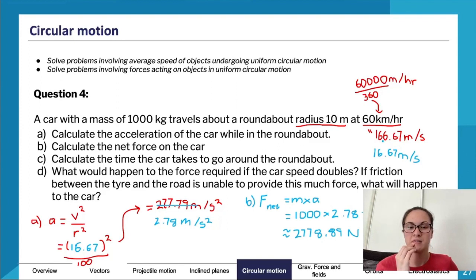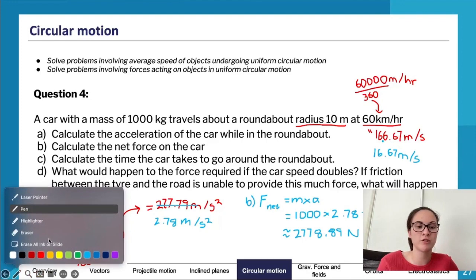I'm just realizing the car speed doubles. Okay, so say this is the speed, right? So this actually needs to double. Oh, okay, so we actually have to do a couple things. Sorry, I'm going to backtrack again.